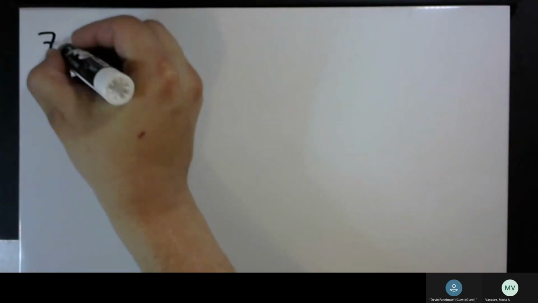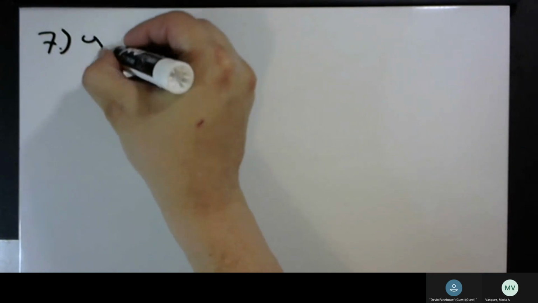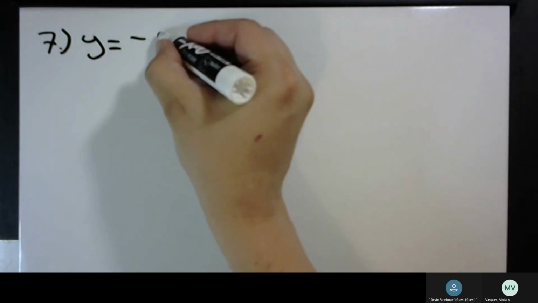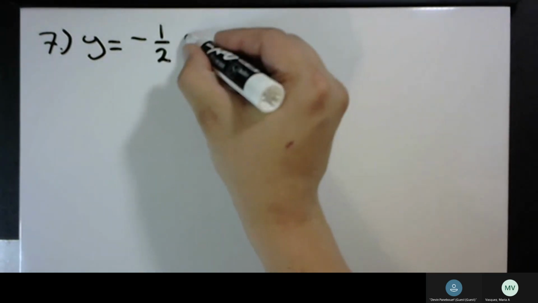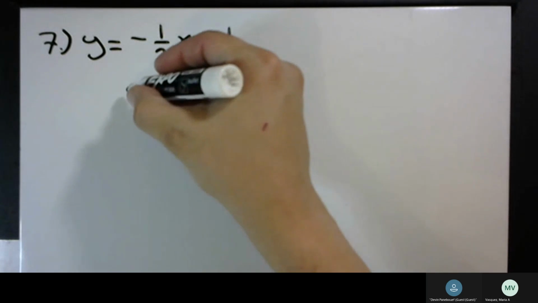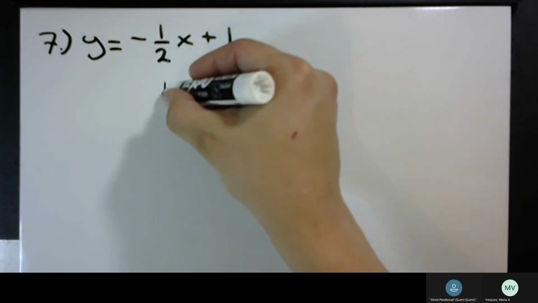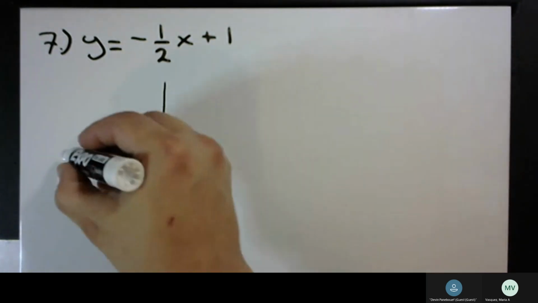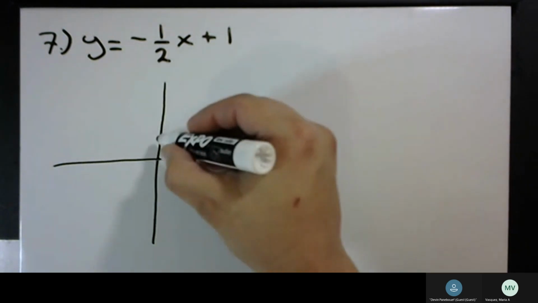Now, for graphing a line like this, there are a number of ways of doing this. So one approach is we can just try to do it on the graph itself.